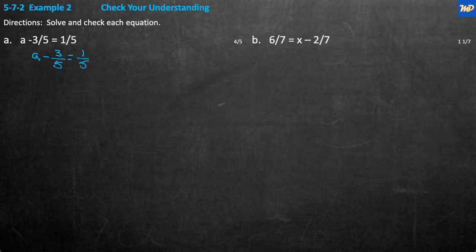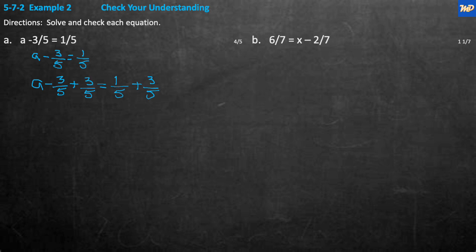Because if you add something on one side, you have to do the exact same thing on the other side. So now we have A minus 3/5 plus 3/5 is equal to 1/5 plus 3/5.